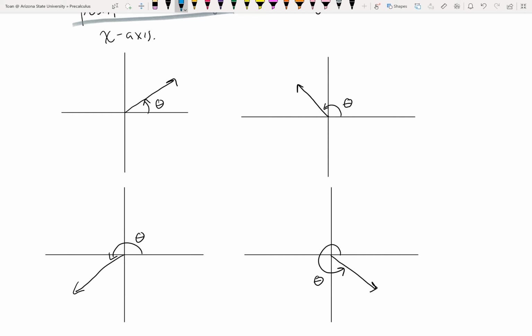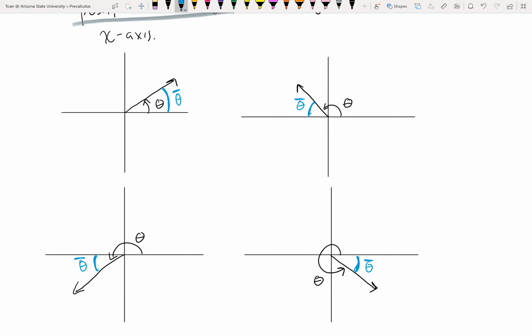So if your angle's in the first quadrant, notice that your reference angle is itself. If your angle's in the second quadrant, this is your reference angle. If your angle's in the third quadrant, that is your reference angle. And in the fourth quadrant, that is your reference angle.